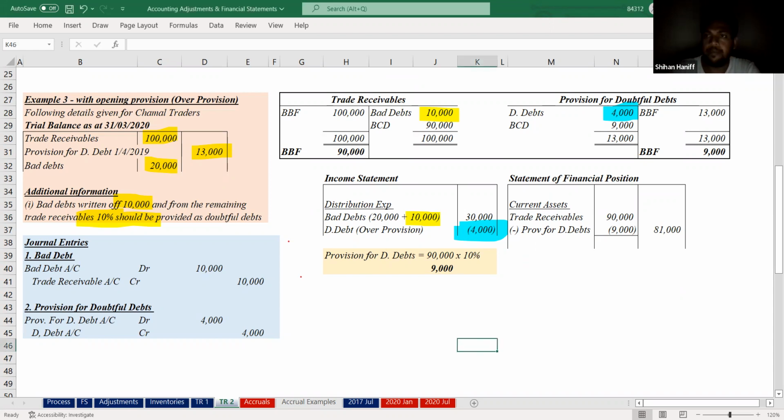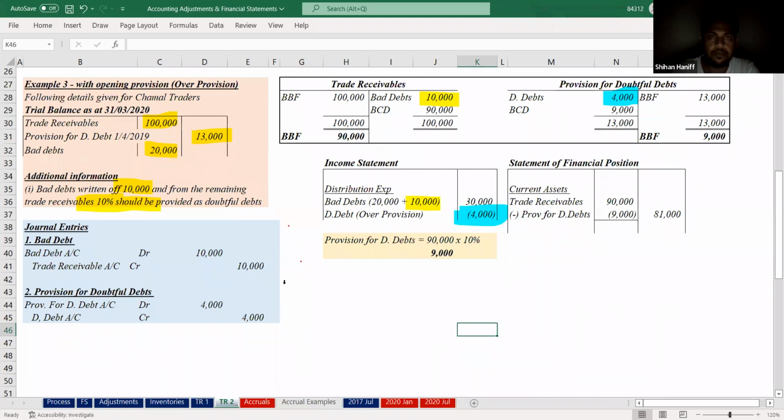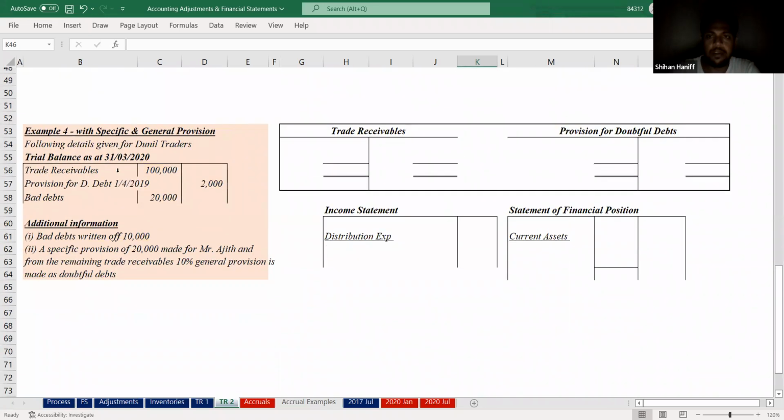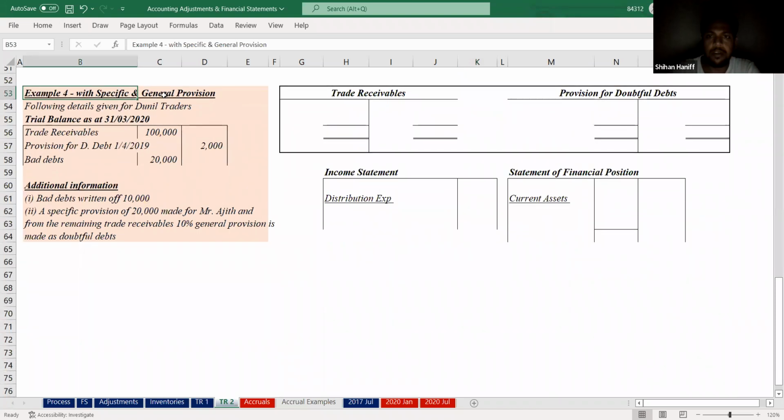Okay. Now let's move to the next question. Specific and general provision. Right. So this is example 4 with specific and general provision.